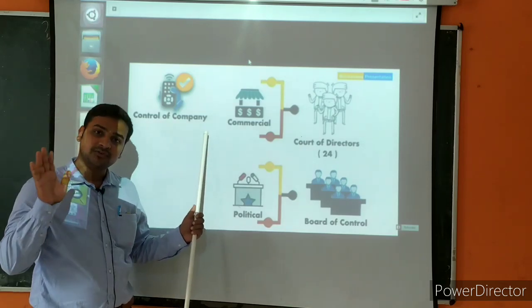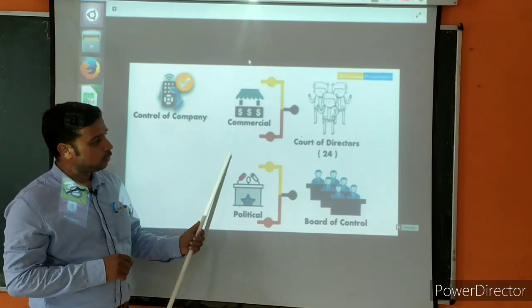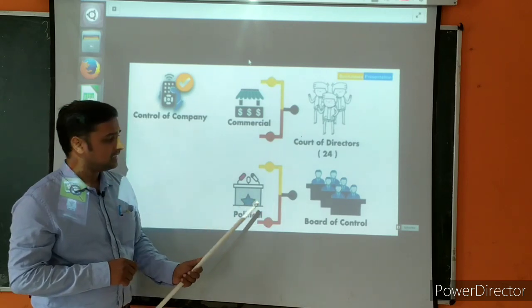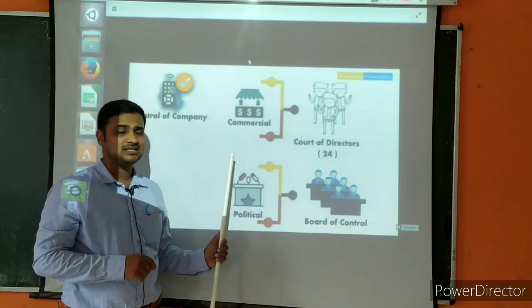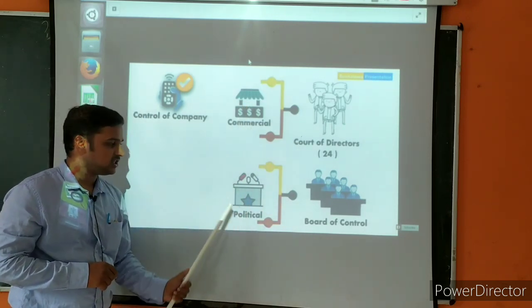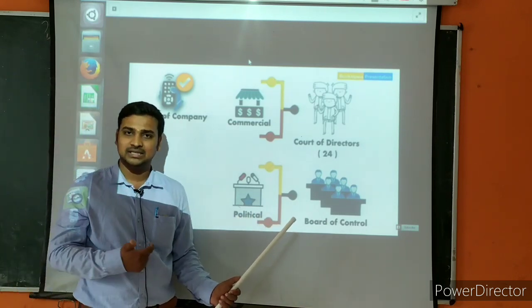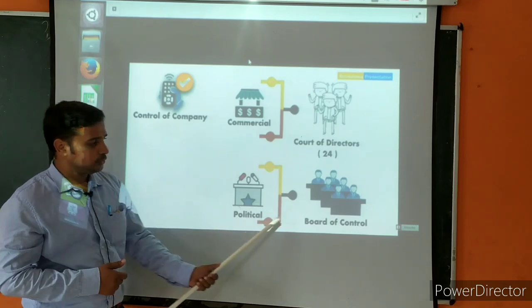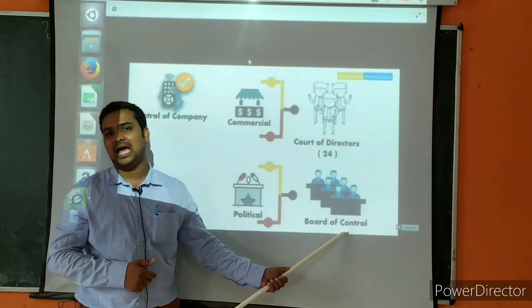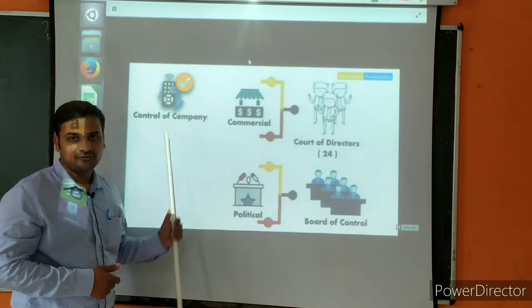If you talk about regulating act, we had only court of directors and nobody else to control commercial and political issues. But what William Pitt did was, he introduced board of control as well in this pro forma.